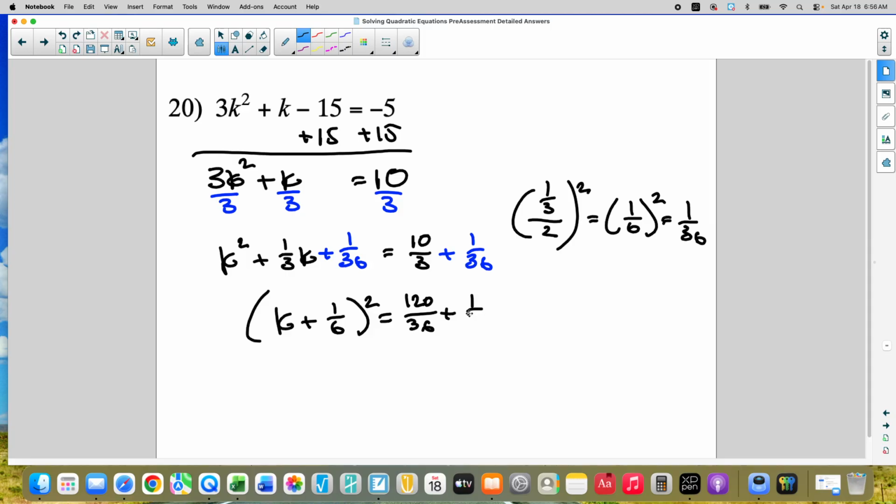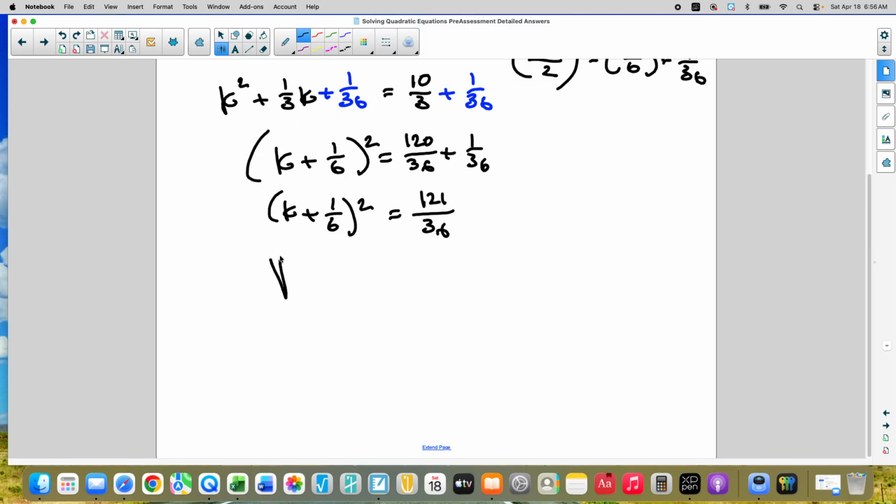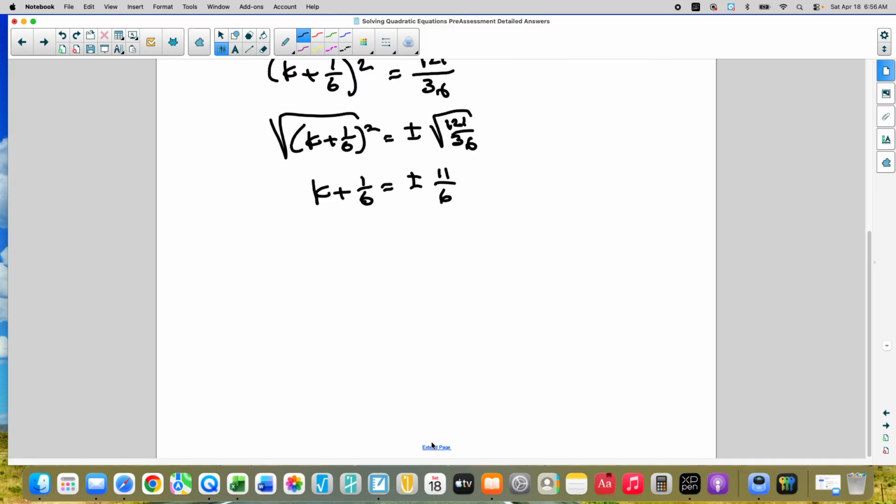(k plus 1/6) squared equals 10 thirds. 36 divided by 3 is 12, so 10 times 12 is 120 over 36, plus 1/36. We again should get excited. We have 121 over 36. That's a perfect square. Now we're going to take the square root. k plus 1/6 equals plus or minus 11/6.